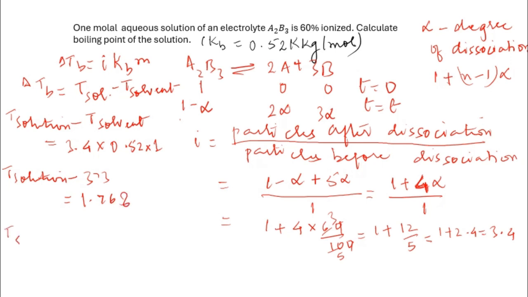Therefore, T solution will be equal to 1.768 plus 373, which is 374.768 Kelvin. So this is the answer.